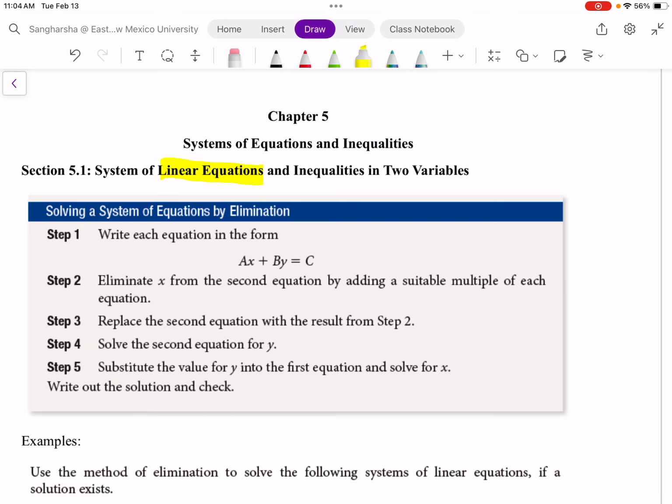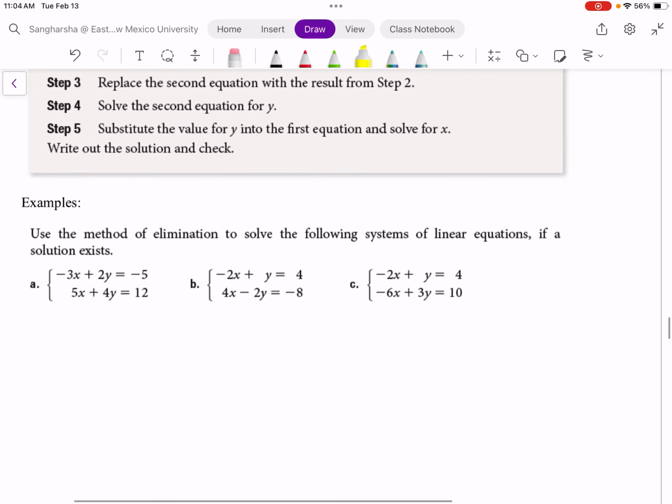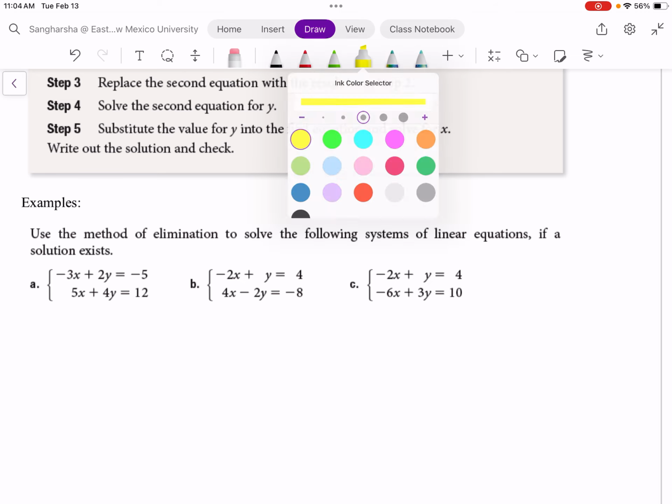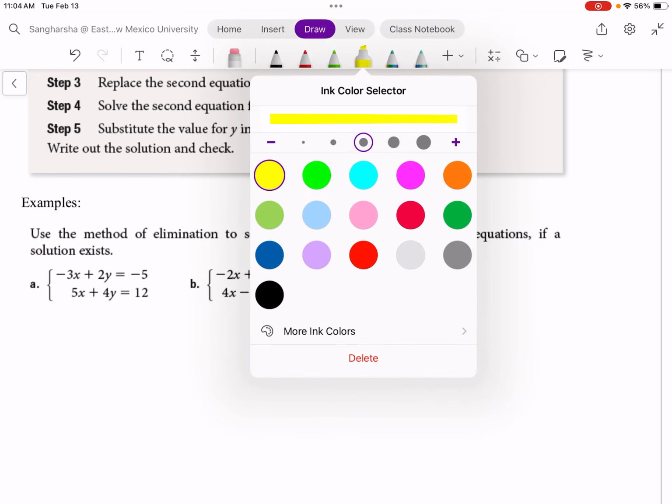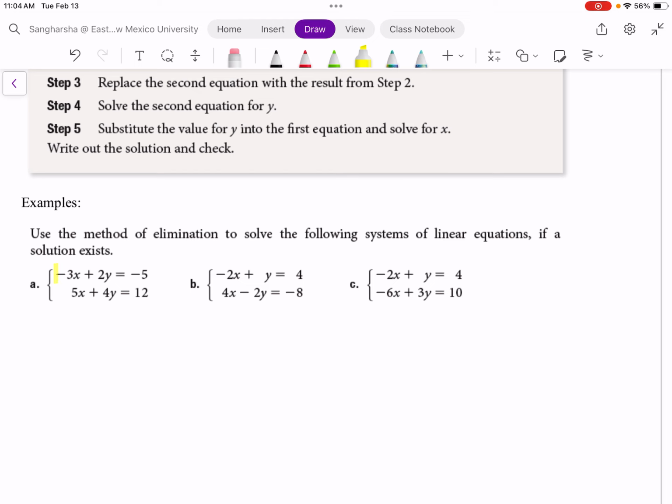Now here we have an example. So we have the linear equation, negative 3x plus 2y equals negative 5. This is one linear equation. And we have 5x plus 4y equals 12. So we have two linear equations, okay? And we have to solve them. Solving means we need to find the correct values for the variables.